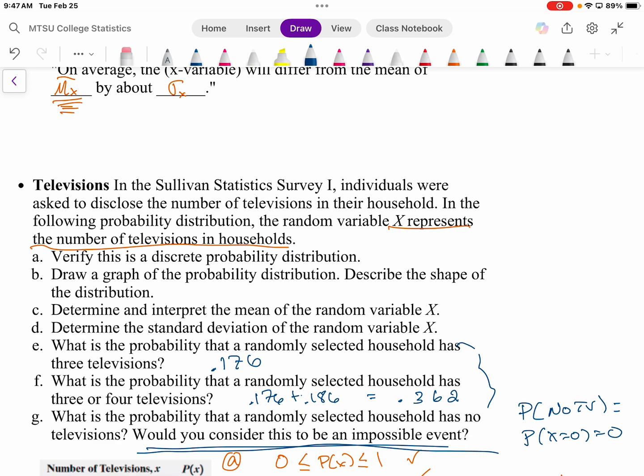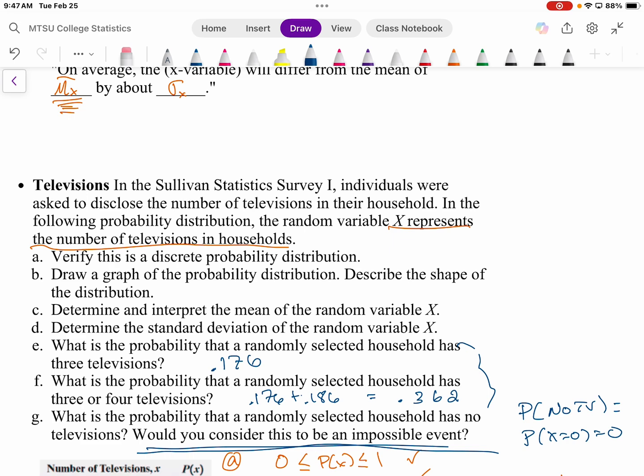In this case, for just today, I would say no, it's not impossible, because they have an instance of nobody. As they did their survey, nobody had 0 TVs. But as we progress through these random variables and continuous random variables, we're going to compare stuff to 5%. If it's less than 5%, then we consider it unusual.